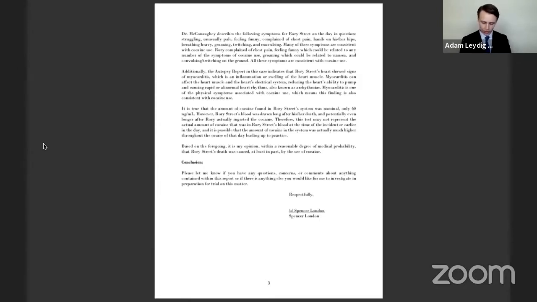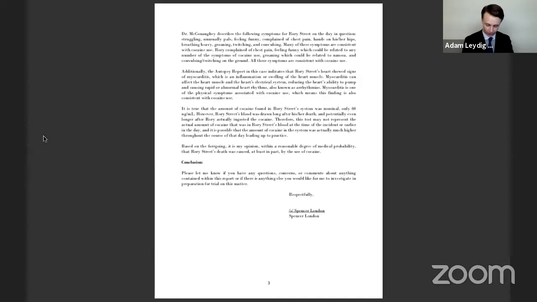Additionally, the autopsy report in this case indicates that Rory Street's heart shows signs of myocarditis, which is an inflammation or swelling of the heart muscle. Myocarditis can affect the heart muscle and the heart's electrical system, reducing the heart's ability to pump and causing rapid and abnormal heart rhythms, also known as arrhythmias.